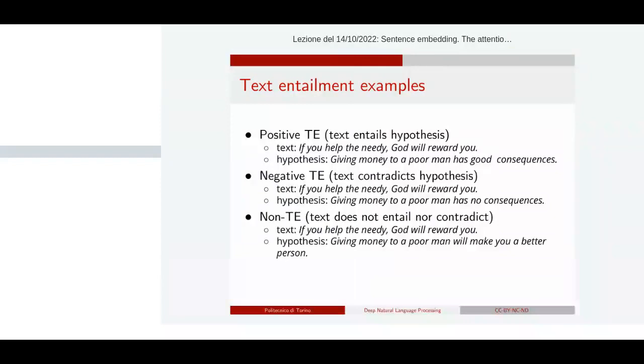Okay, so some directed relations. There are different kinds of relations, like positive or non-neutral. Like positive is giving money to a poor man has good consequences. This is similar to the previous case, but in this case, if you help the needy, God will reward you. So this is a positive entailment.